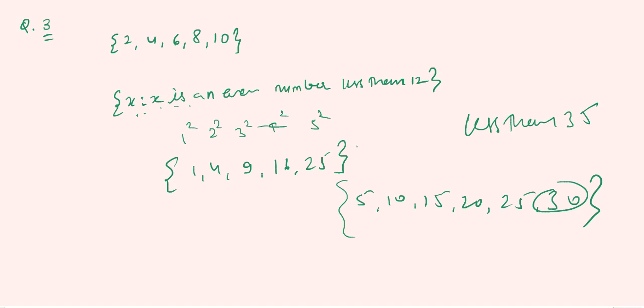Then question number 4, write the roster form and the set builder form. The roster and the set builder. Question number 1, 2, 3, 4, 5. So I'm solving here question number 3. Set of letters used in word Calcutta.